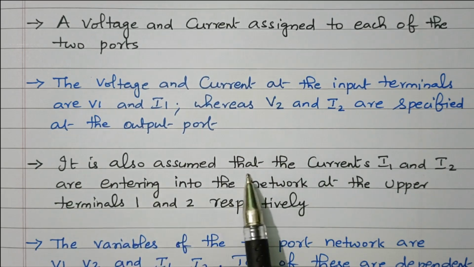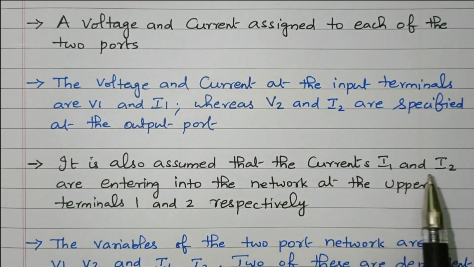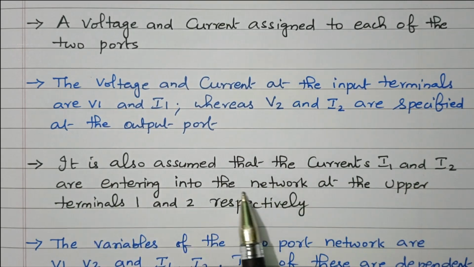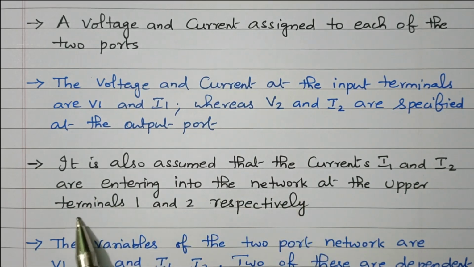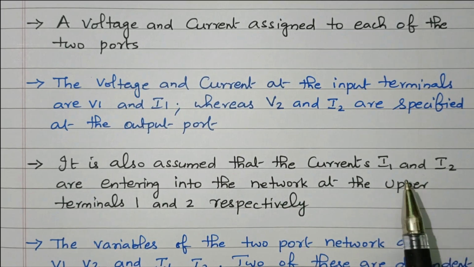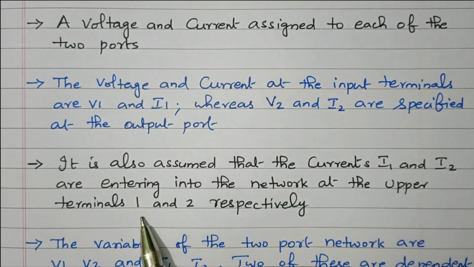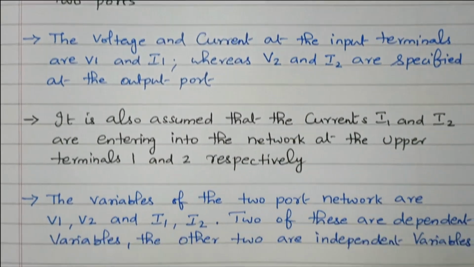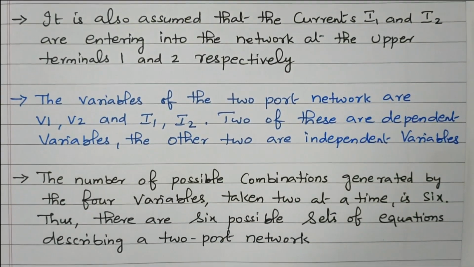It is also assumed that the currents I1 and I2 are entering the network at the upper terminals of ports 1 and 2 respectively.